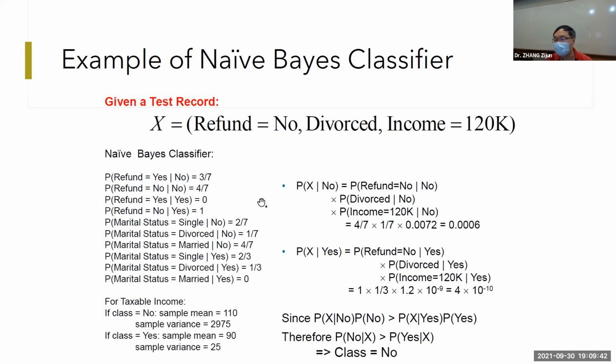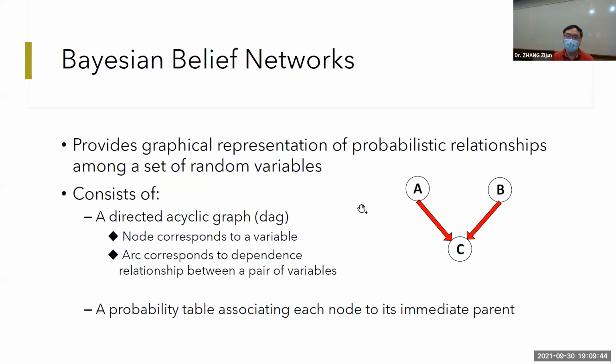Then we continue. Next, I would like to introduce the Bayesian belief network, which is a little bit more complicated, but it's a natural extension of the classifier by incorporating the network structure.